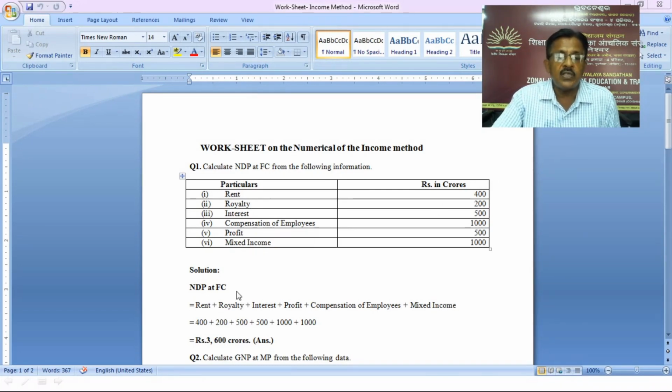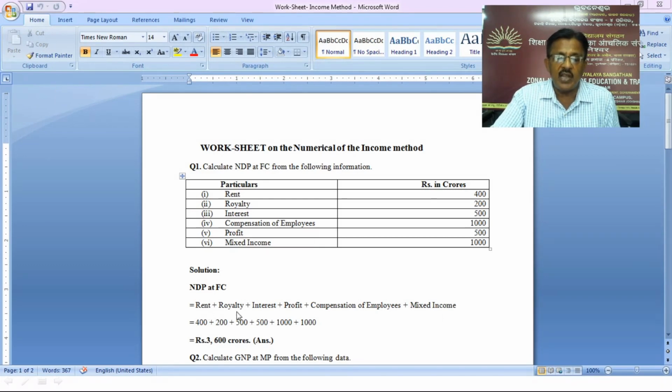NDP at factor cost, you all might have understood that all the factor incomes like compensation of employees, then operating surplus, rent, royalty, interest and profit. These 4 if you add, this is operating surplus, and this is mixed income. As it is asked separately, rent, royalty are given separately, then compensation of employees, then mixed income. So this is operating surplus. Your concept should be clear.